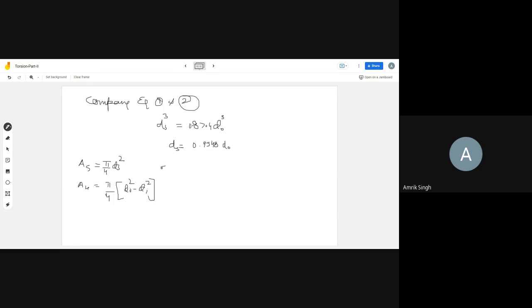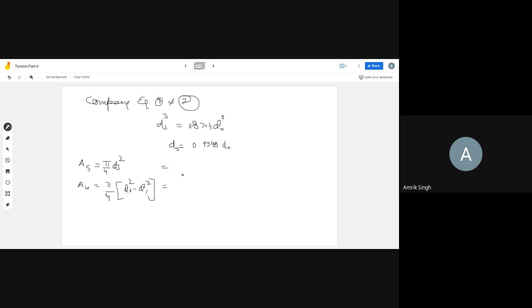So you can put these values and you will get the area of the solid shaft and area of the hollow shaft. Okay. So when you compare this, the area of the hollow shaft divided by the solid, because here also you can find out DI and DO, they are given in terms of 0.6.